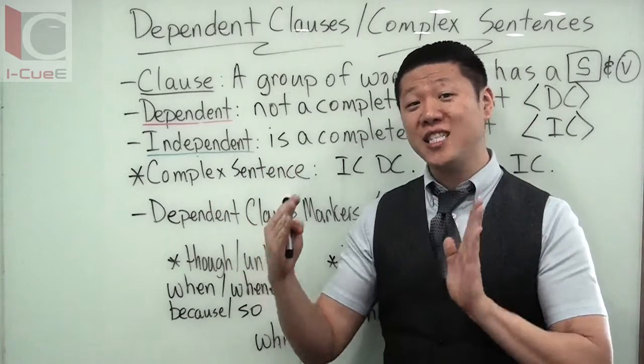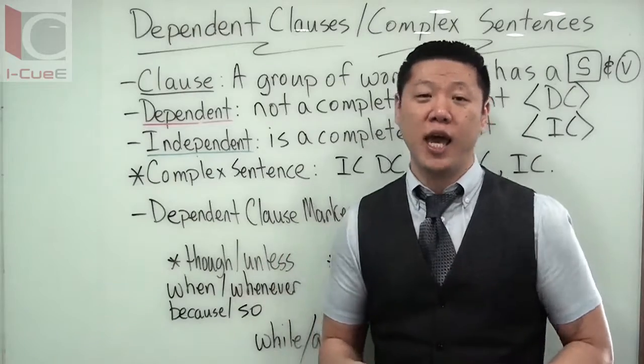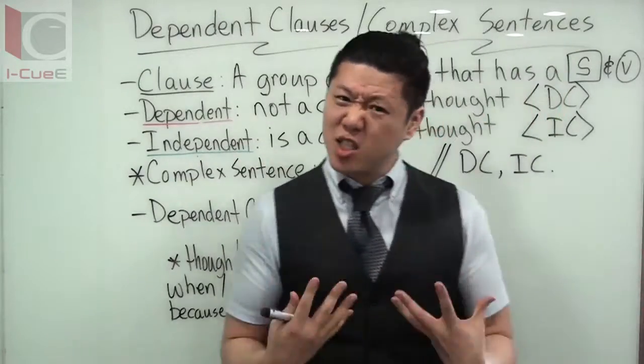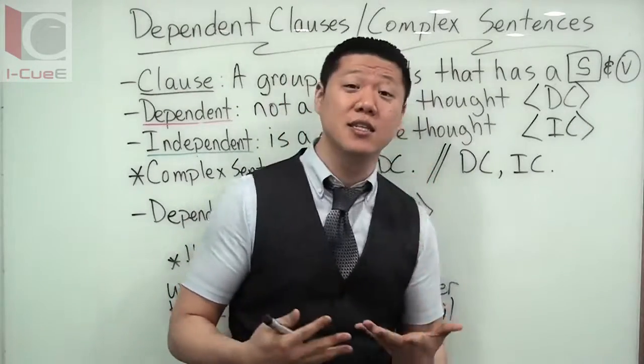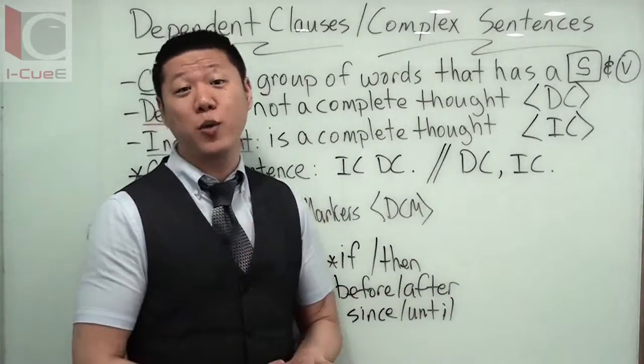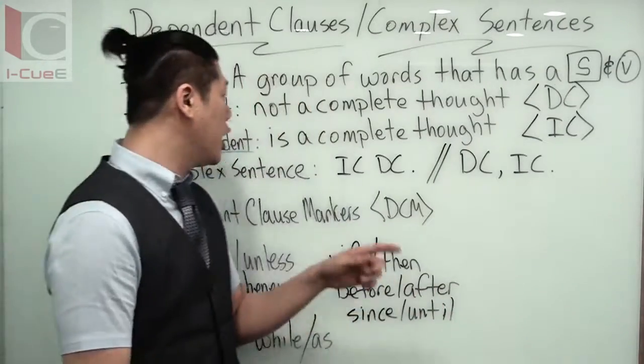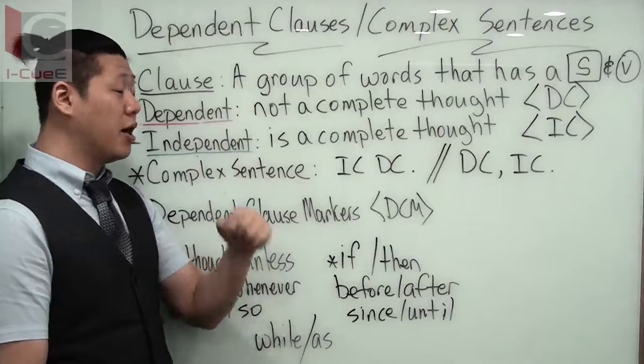Then you turn an independent clause into a sentence. Even though an independent clause looks like a sentence and sounds like a sentence, until you have punctuation at the end and a capitalization, it is not a sentence. It is just an independent clause.